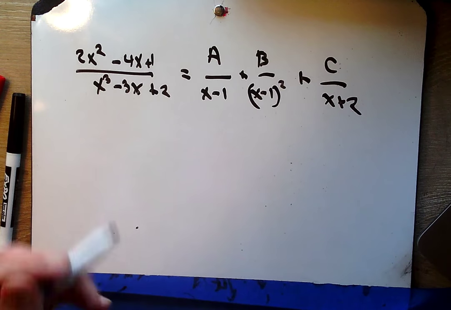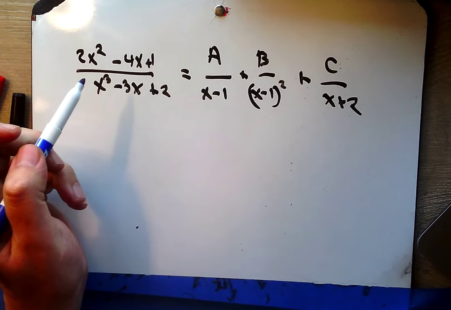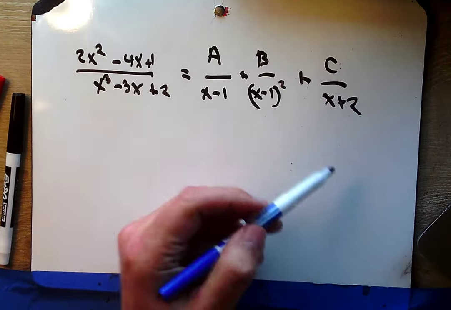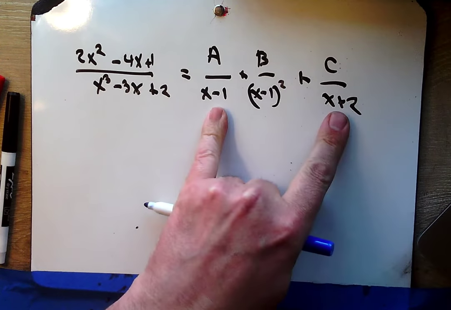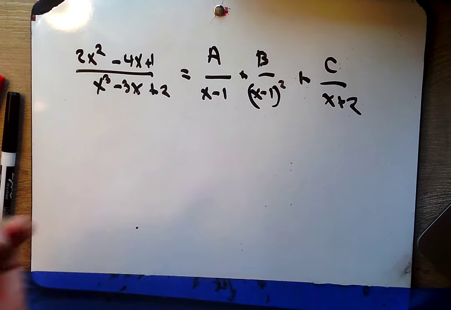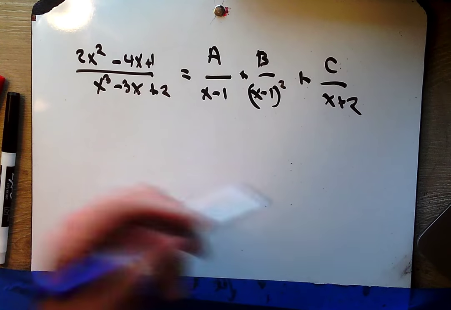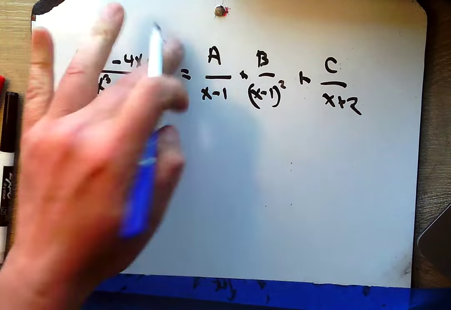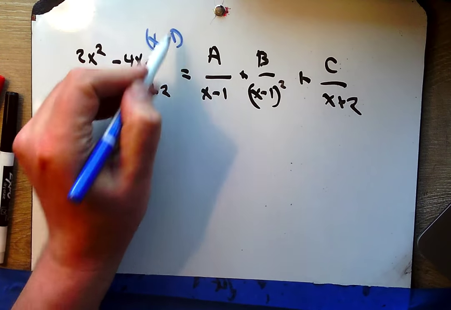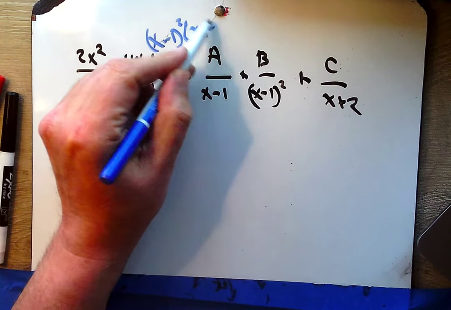All right, I'm going to say we have 3 letters, and I have 2 different magic numbers. I think I'm going to do magic numbers and a not so magic number. So I'm going to multiply both sides by x minus 1 squared times x plus 2.